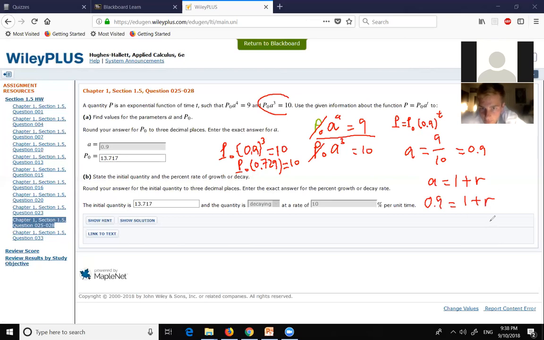You solve for r: 0.9 subtract 1 is minus 0.10, and minus implies decay. If you convert this back to a percent, moving the decimal two places to the right, it equals 10%. Gotcha. Okay, cool. That makes way more sense now.